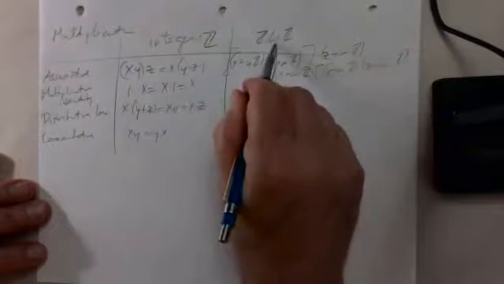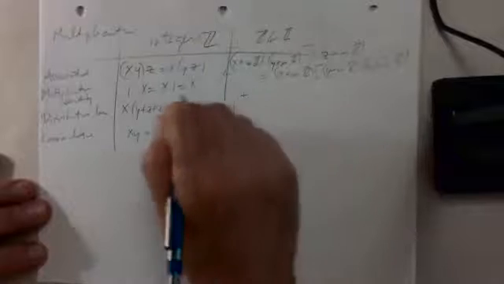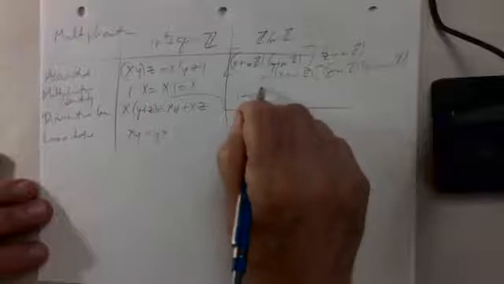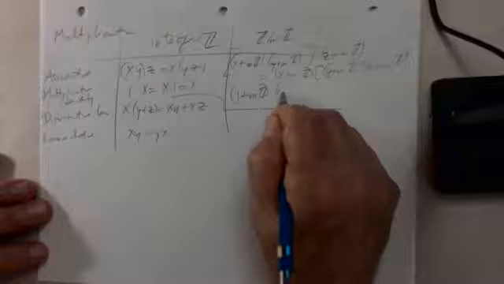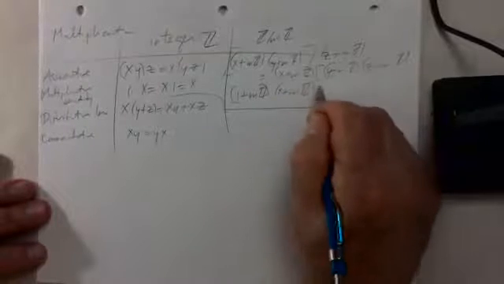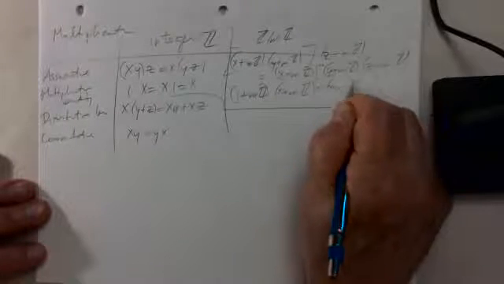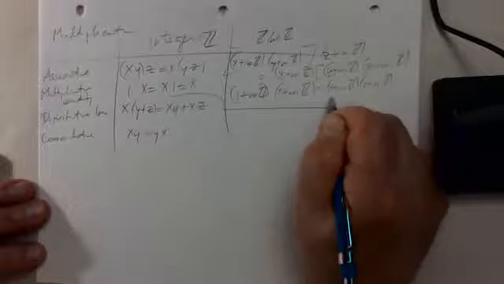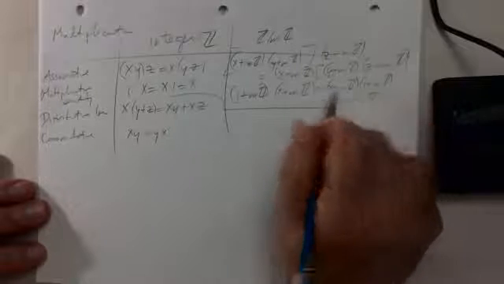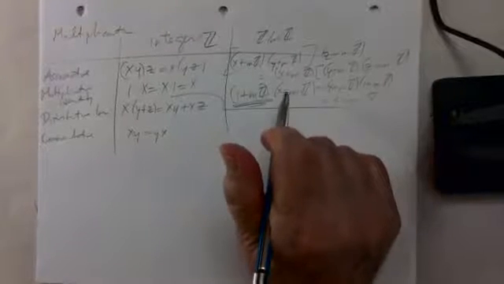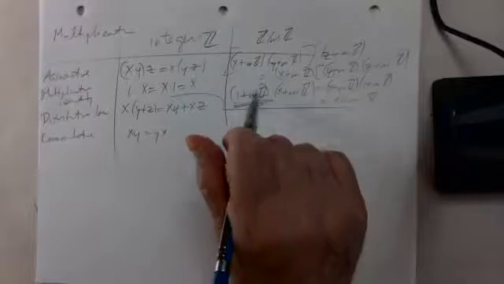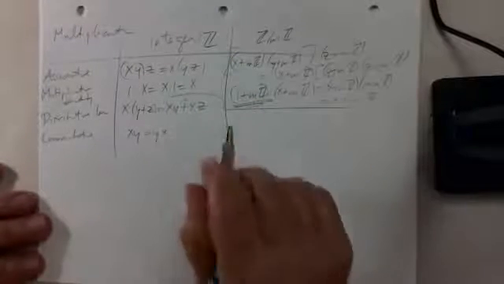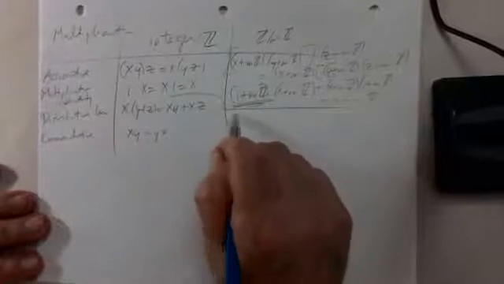So multiplication of congruence classes satisfies the associative property. If you take the congruence class 1 plus mZ and multiply it by any congruence class, or also in the reverse order, you get x plus mZ. So the congruence class 1 plus mZ is a multiplicative identity in the set of congruence classes. And these other two properties also hold.